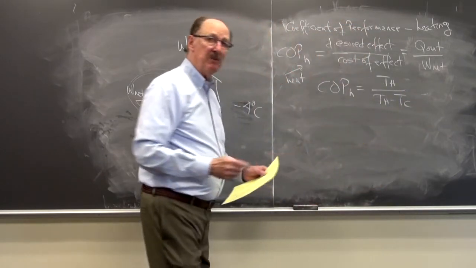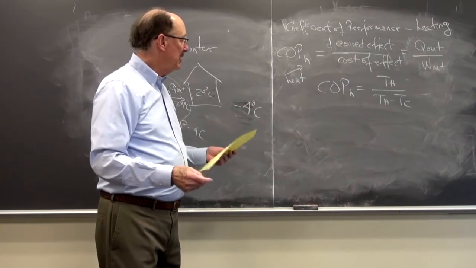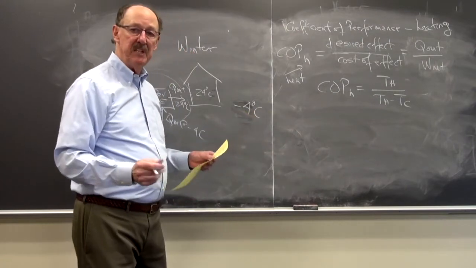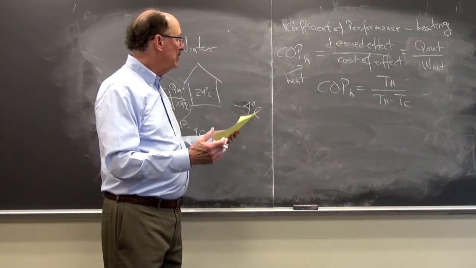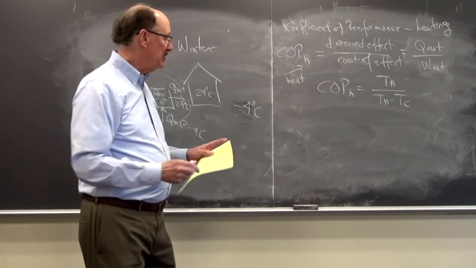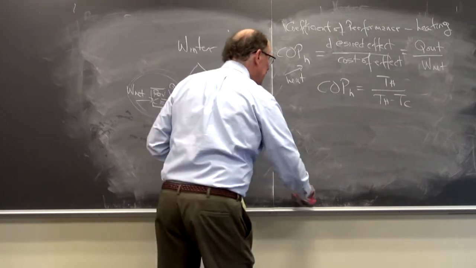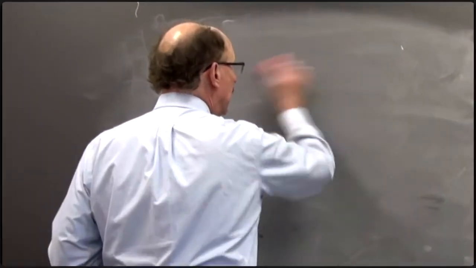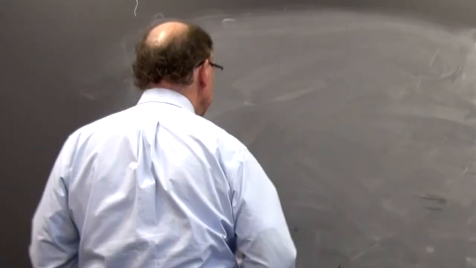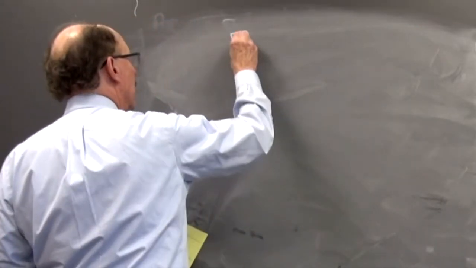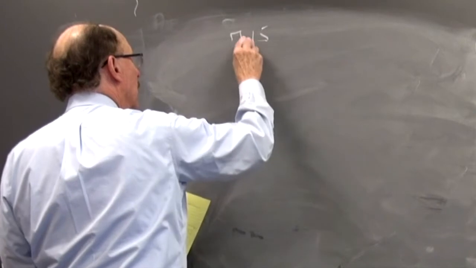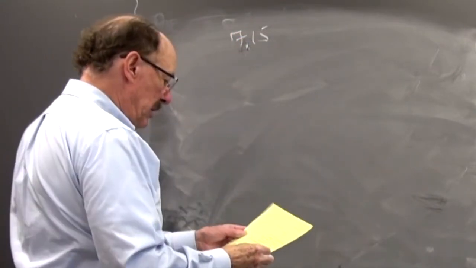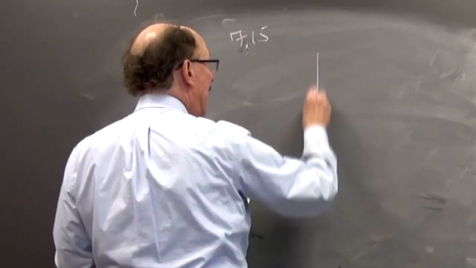And so what we can do is now apply this, and there's a problem in the text, problem number 715, which I'll do, and we'll see how to establish this. So let's look at problem 715. So if I look at problem 715, I have a house.